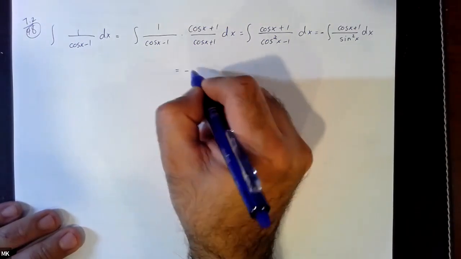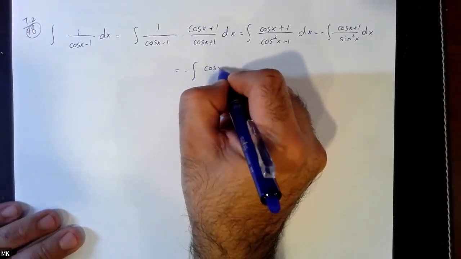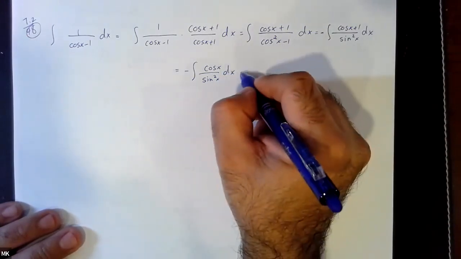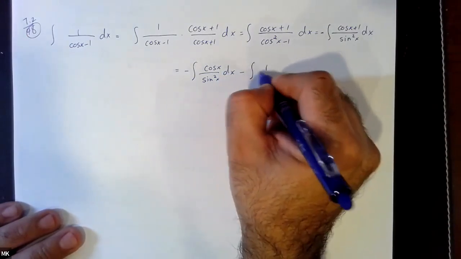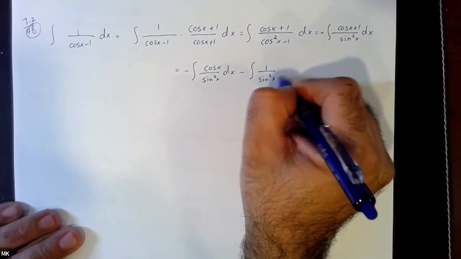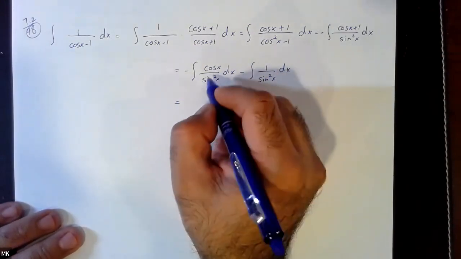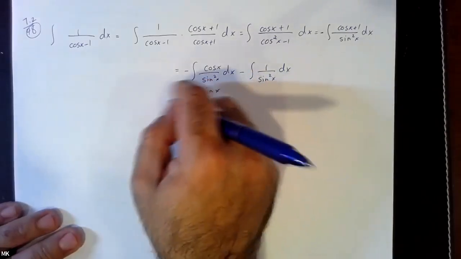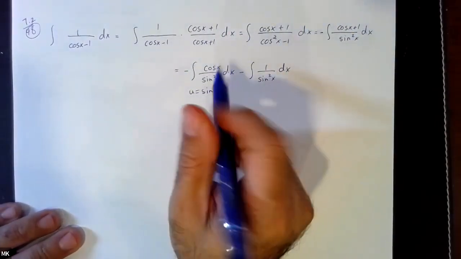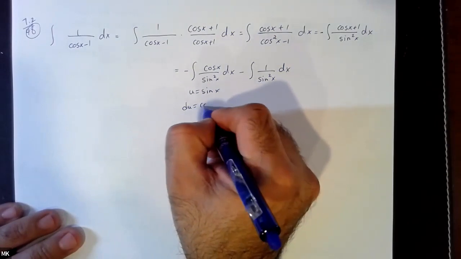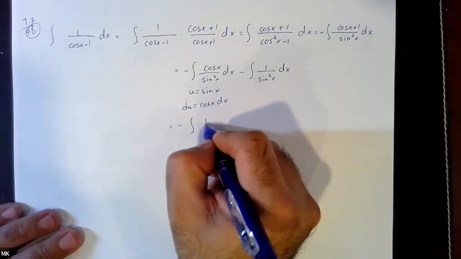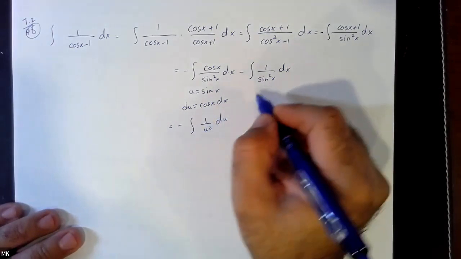Then I can break it into cosine x over sine squared x and 1 over sine squared x. Cosine x over sine squared, I will let u be sine x. du is cosine x dx. So I get negative 1 over u squared du.